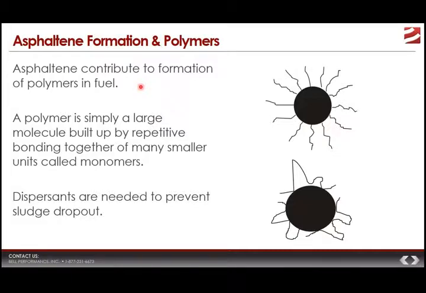It's going to essentially keep them dispersed in the fuel or in whatever medium you have, and they're not going to be able to stick together, so they're going to remain small, which means the sludge never forms. Sludge molecules never get large enough to be heavy enough to drop out of the marine fuel oil.